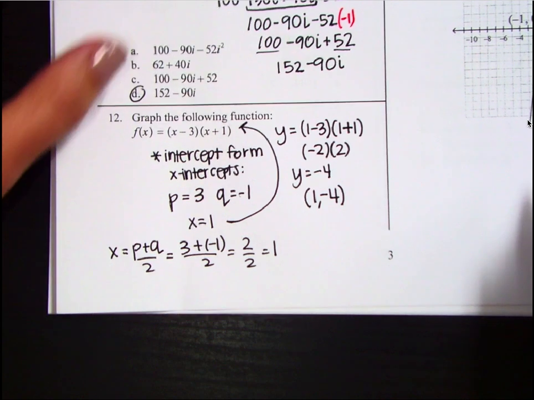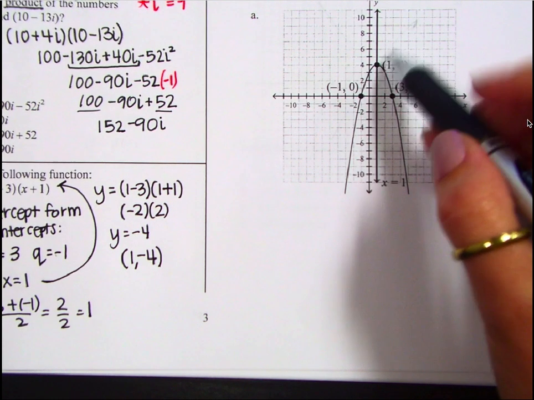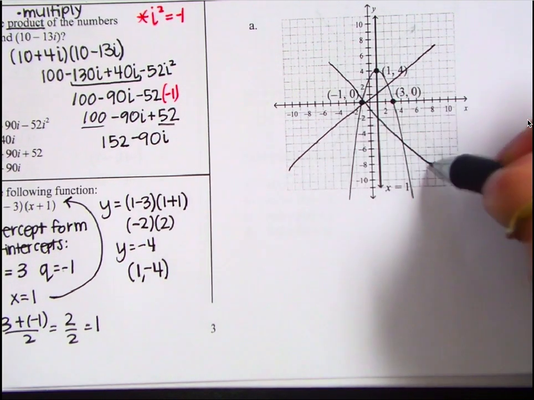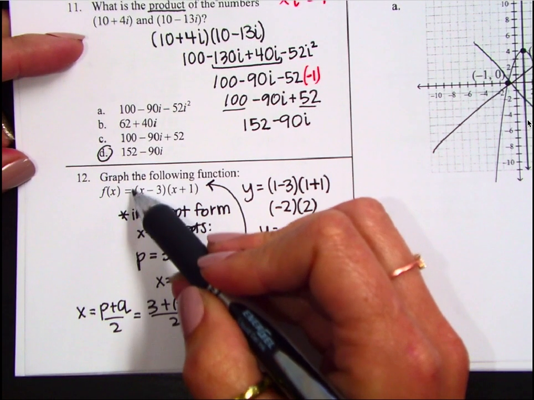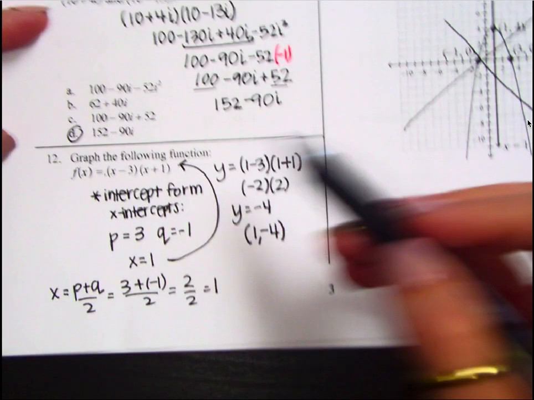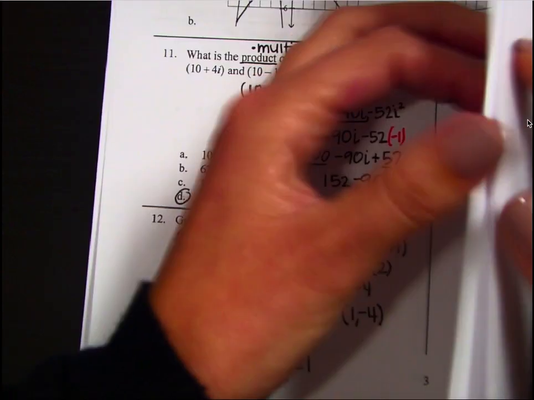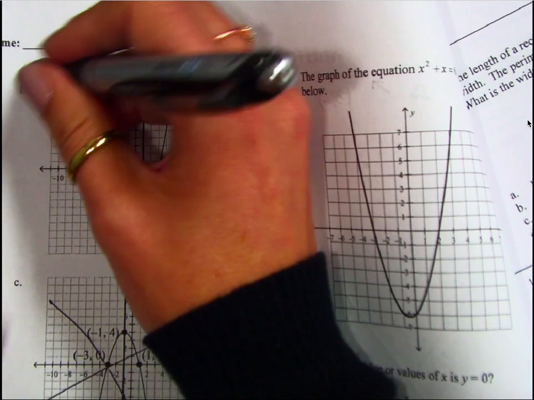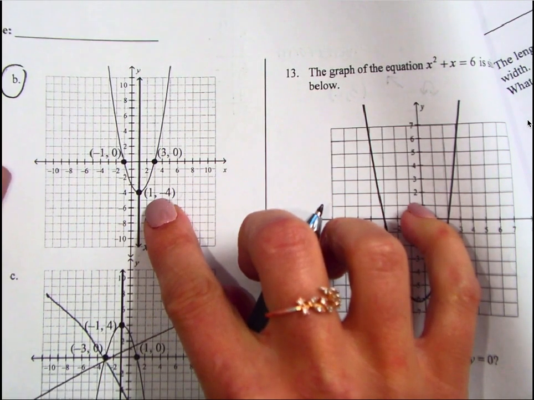And if you look at A, it's at (1, +4). Okay, so A can't be our answer. Another reason why A can't be our answer, our a value out in front is a +1. So the graph really should be opening up positive. So our answer is going to be B, where we have a vertex at (1, -4).